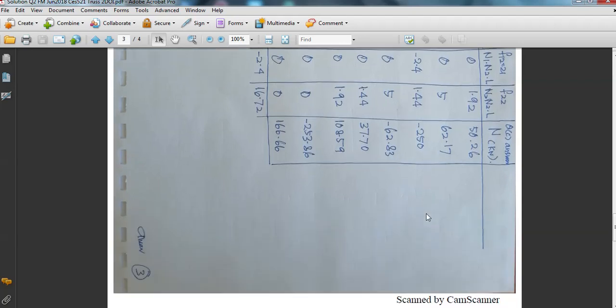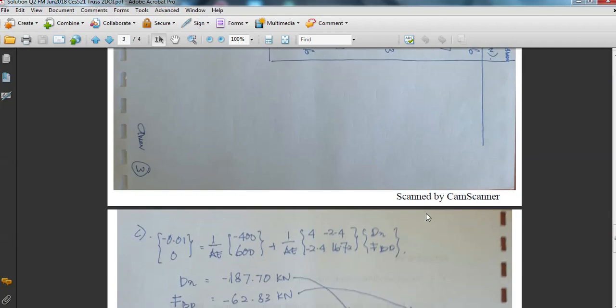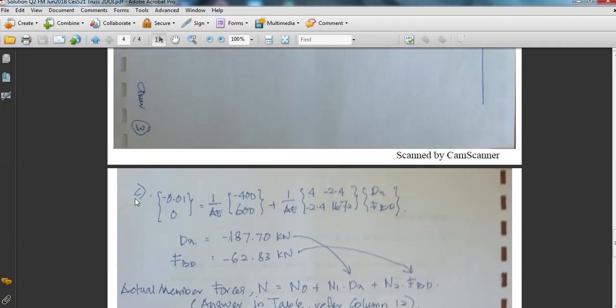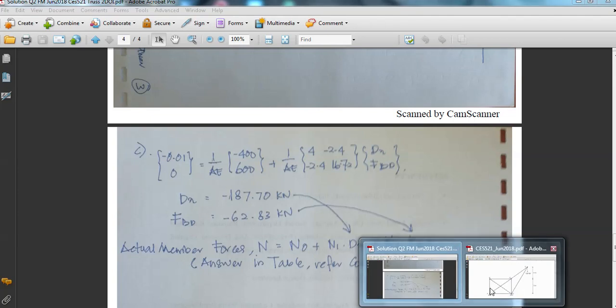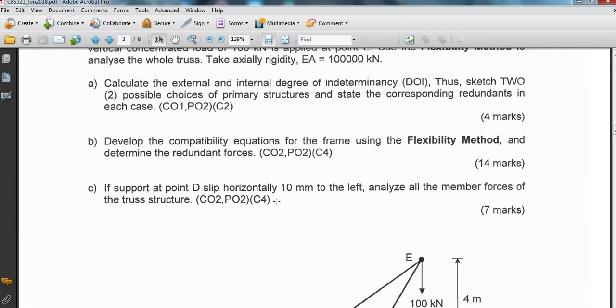Okay, then question C, the same question, but here they have support D slip 10 mm to the left. Support D, they have a movement in X direction 10 mm to the left.